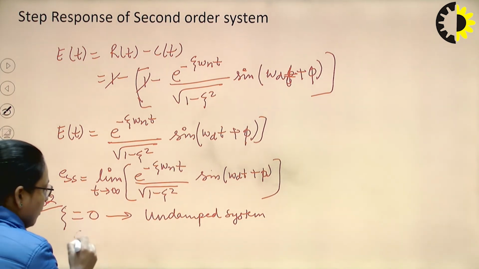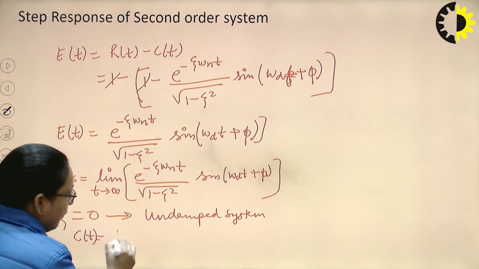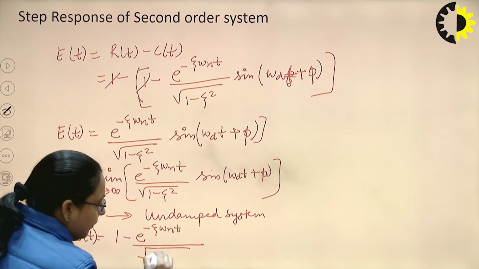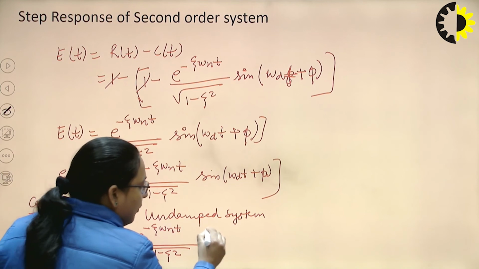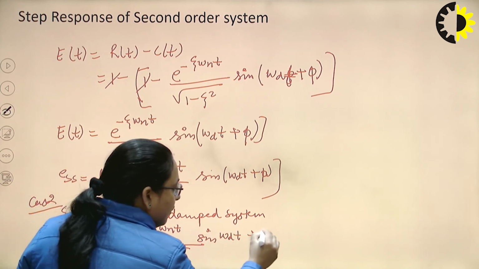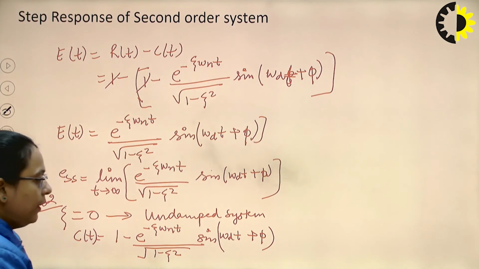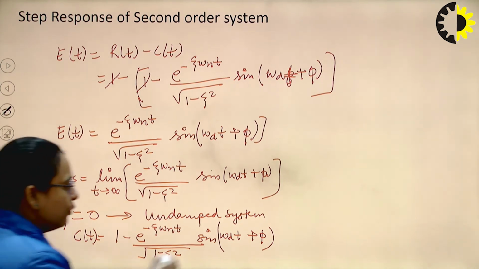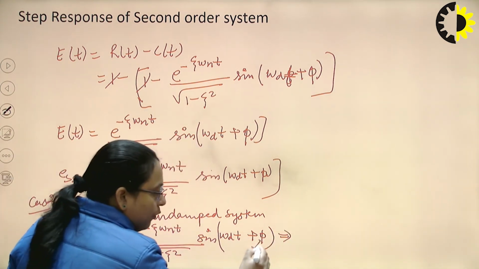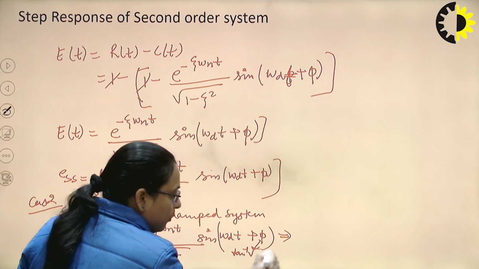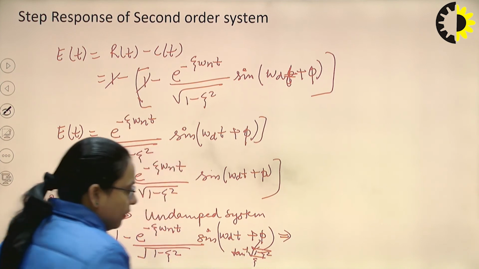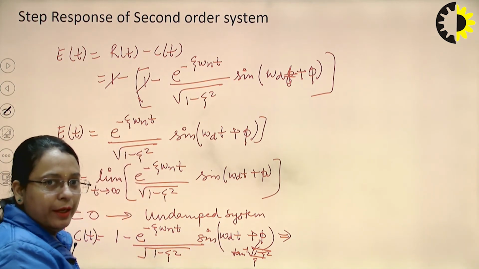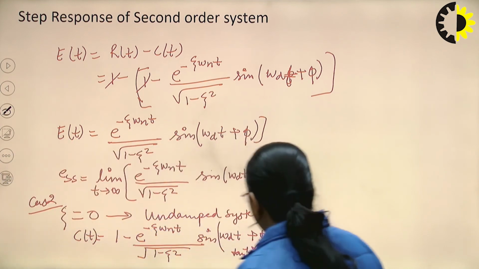The response of the second order system is c(t) equals 1 minus e raised to the power minus zeta omega n t upon under root 1 minus zeta square sine omega d t plus phi. Here I'll put the value of phi, that is tan inverse under root 1 minus zeta square upon zeta. Similarly, I can put the value of omega d, that is omega n under root 1 minus zeta square.